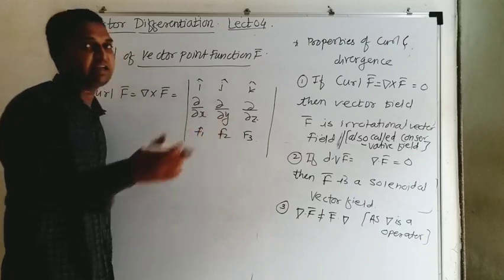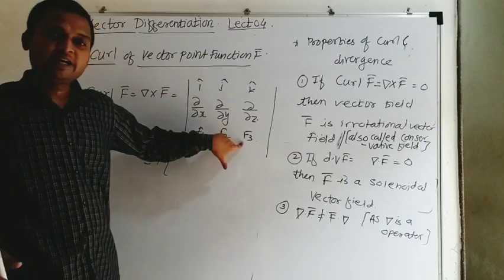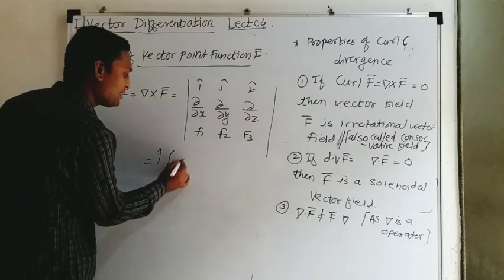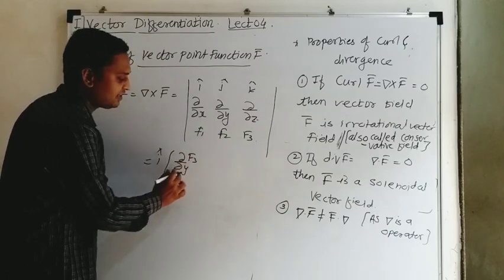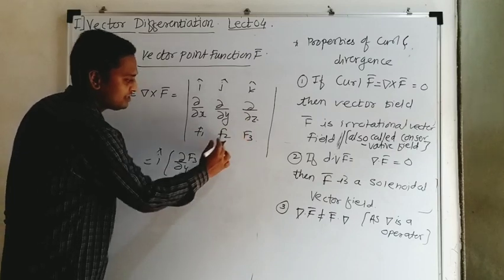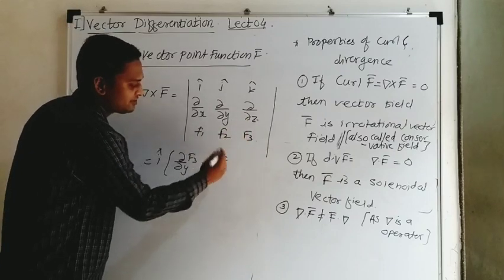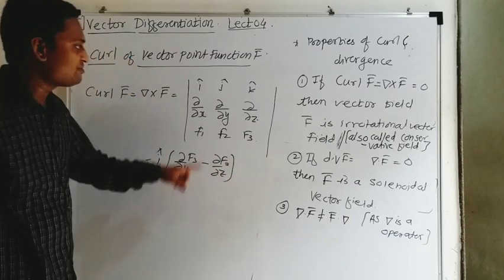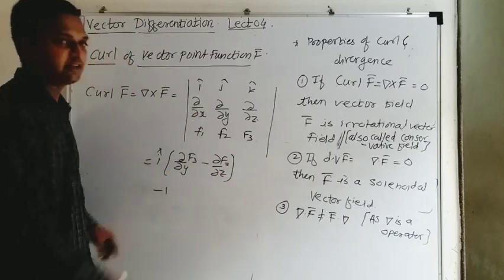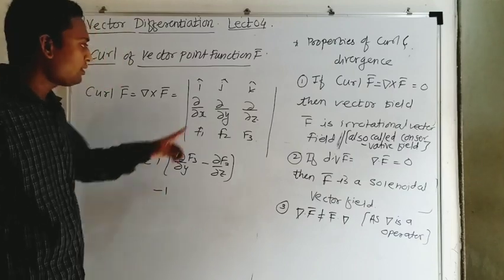This is not like multiplication. We have one operator and one function, so we have to operate this operator on the function. So we'll get this type of term: del f3 by del y minus del by del z of f2, that is the partial derivative of this function with respect to z. Likewise, you calculate the remaining two terms of the determinant, and you'll get the required value of the curl of f bar.